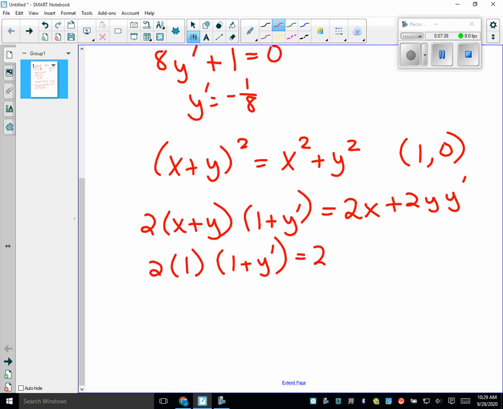Is that right? Yes. 2 divided by 2. So 1 plus y prime equals 1. Y prime equals 0. That means at the point (1, 0), the slope of the tangent line is 0.